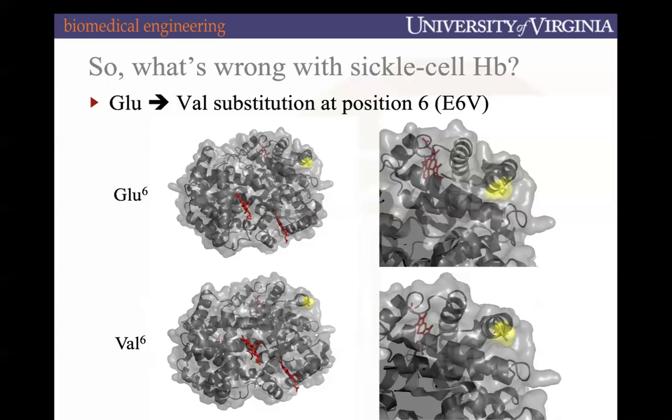Glutamate carries a charge, and when we substitute it with a hydrophobic amino acid, particularly in a position near the surface, we have a hydrophobic amino acid that is available to the aqueous environment. It is not energetically favorable for that amino acid to be there. So something's got to give.